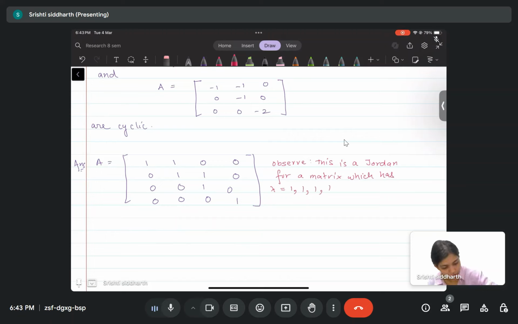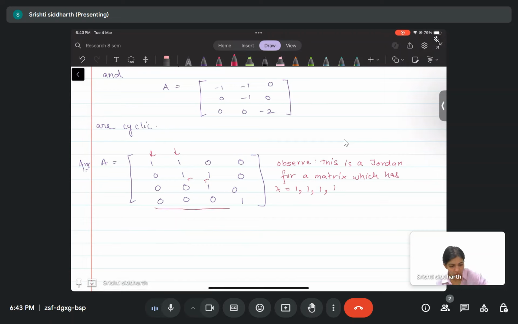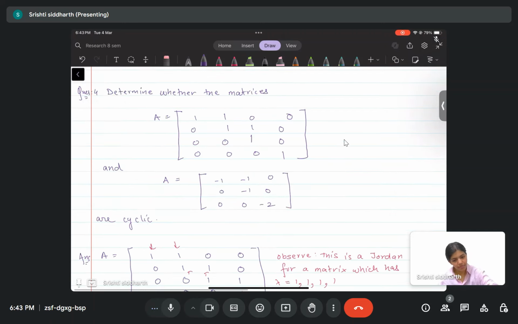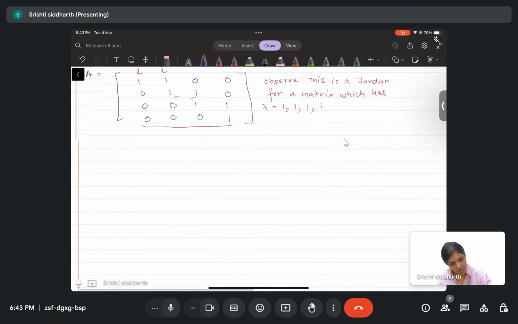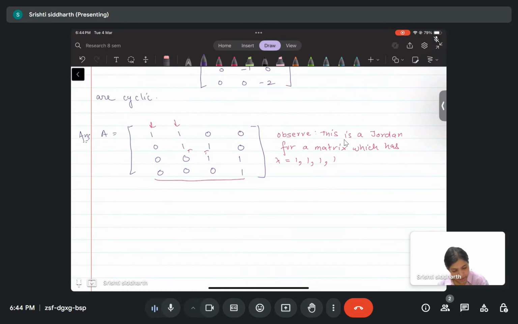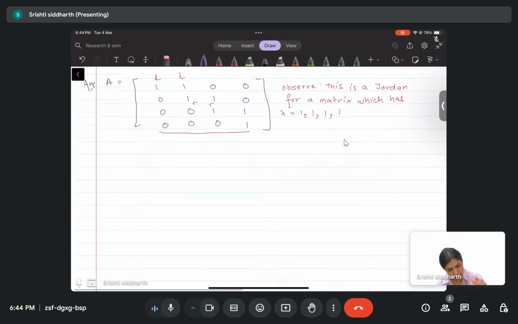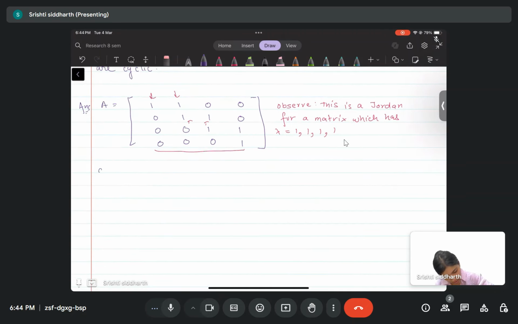Because we have 1, 1, then we shift it, and then we get this 1 in the last row. So you can just figure out what the eigenvalues are. These are going to be 4 repeated eigenvalues at 1. So let's just check this quickly.